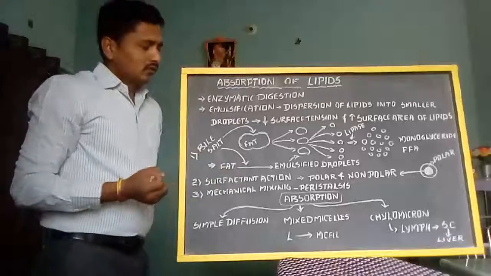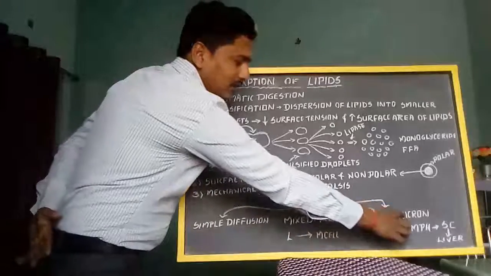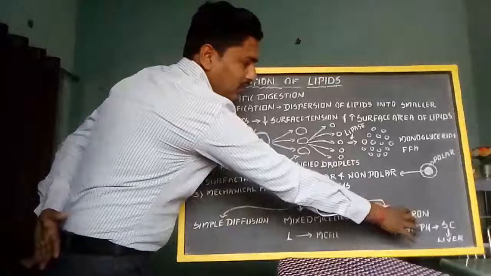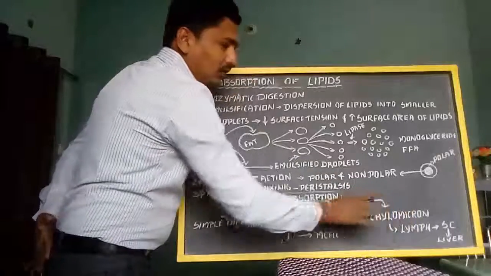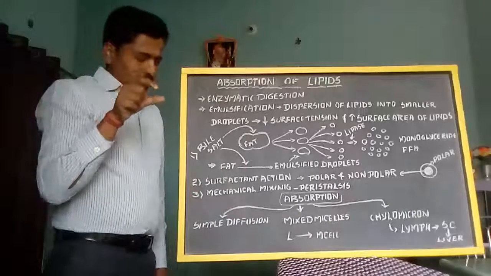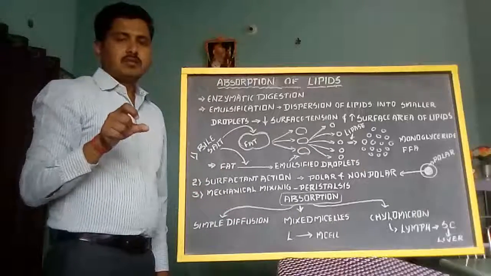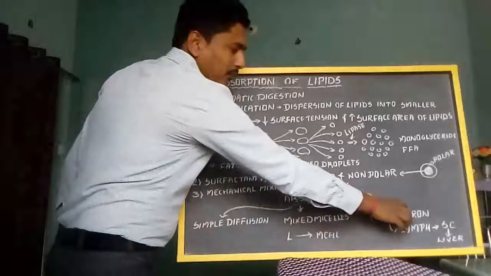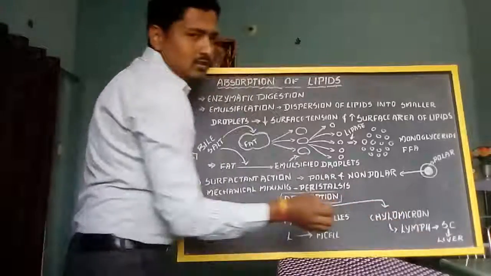Whatever long chain fatty acids are there will be attached to these chylomicrons, and those cannot be filtered into the venous capillary membrane. That's why they jump directly into the lymphatic circulation.